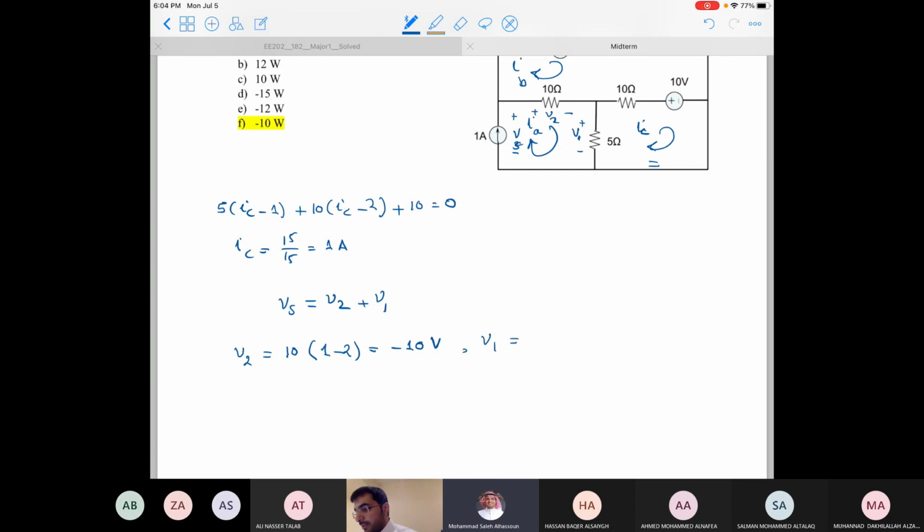V1 is the voltage across the 5 ohm resistor. So it's 5 multiplied by (1 minus 1), which is 0 volts. So Vs is minus 10 volts.